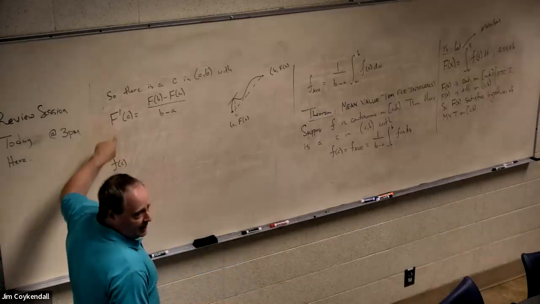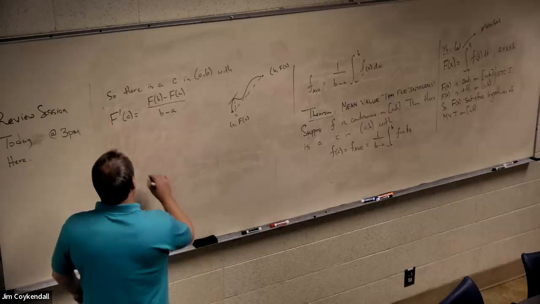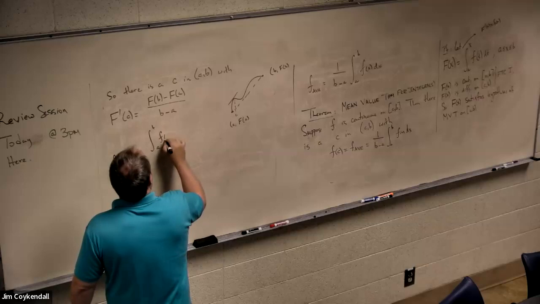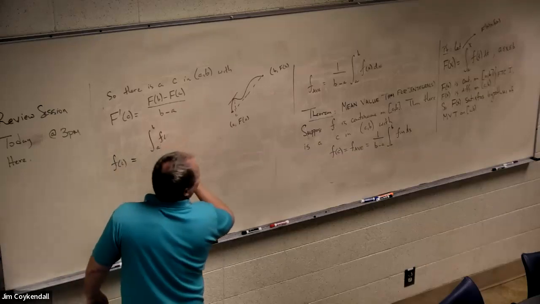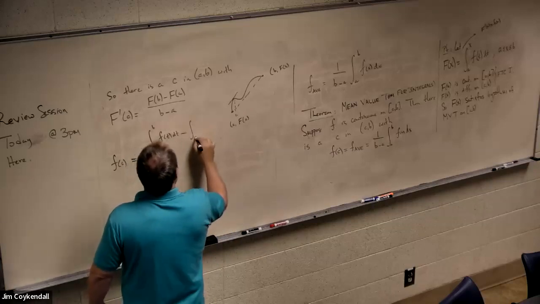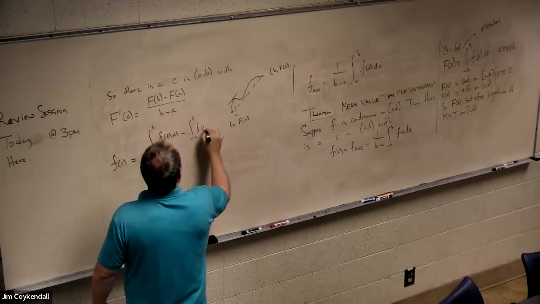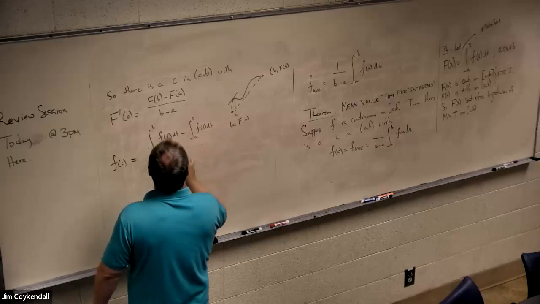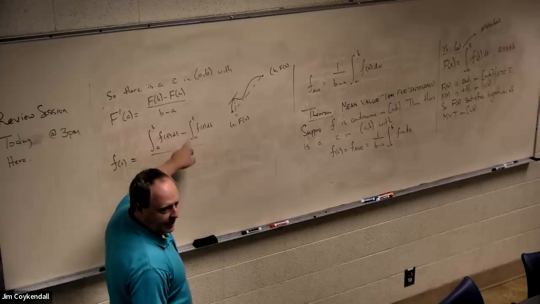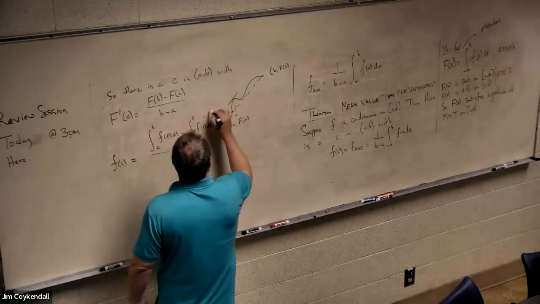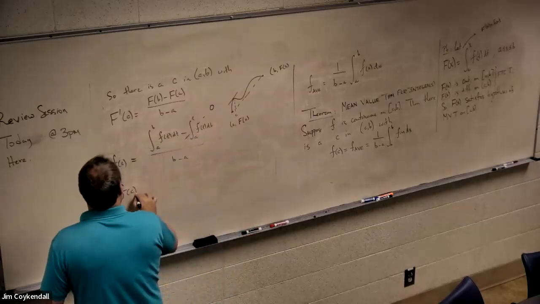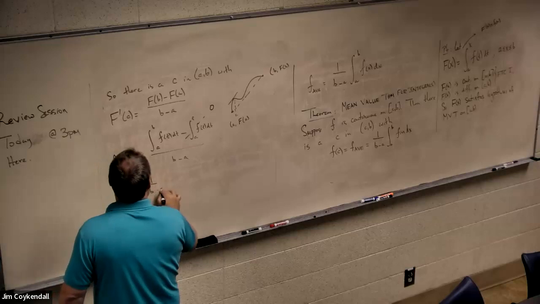So this right here is f of c, and the right side is the integral from a to b of f of t dt minus the integral from a to a of f of t dt, over b minus a. The integral from a to a is 0. So f of c is 1 over b minus a times the integral from a to b of f of t dt.